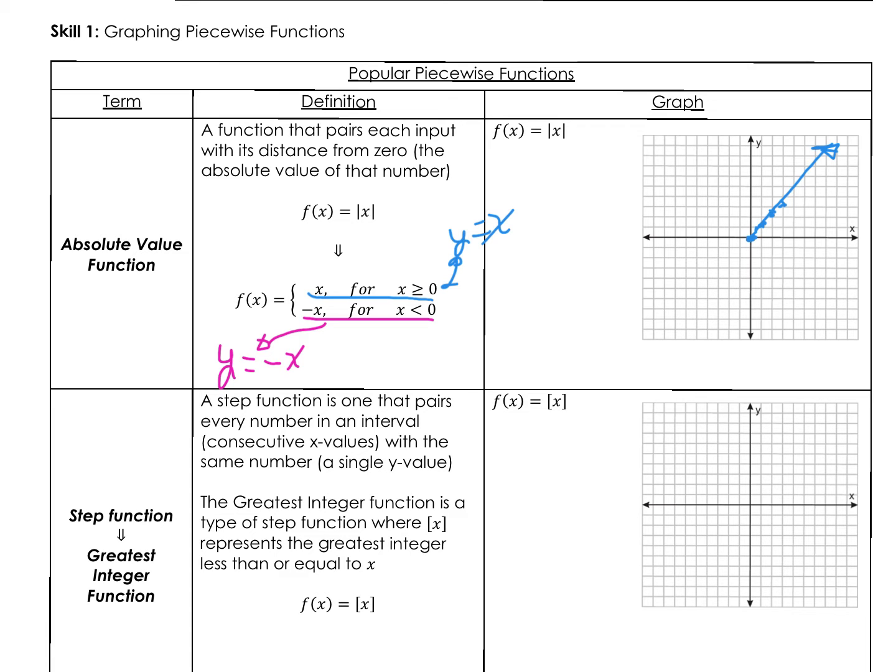Then we want to substitute in the values for x that are less than 0. And that's what we have here. We're subbing into negative x because remember what's inside here could be a negative value for x.